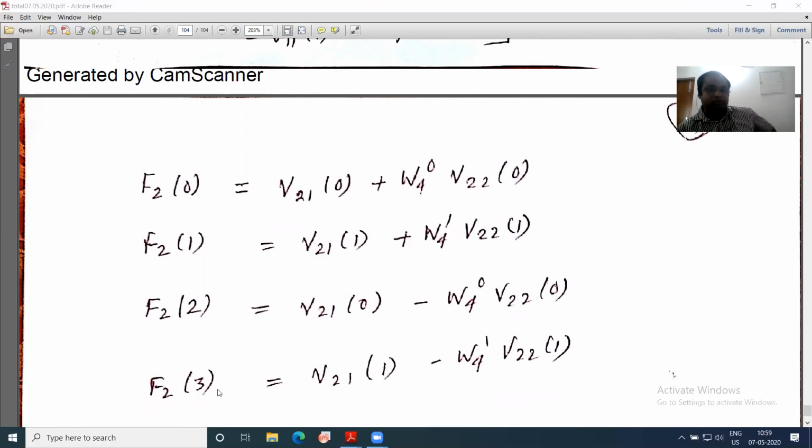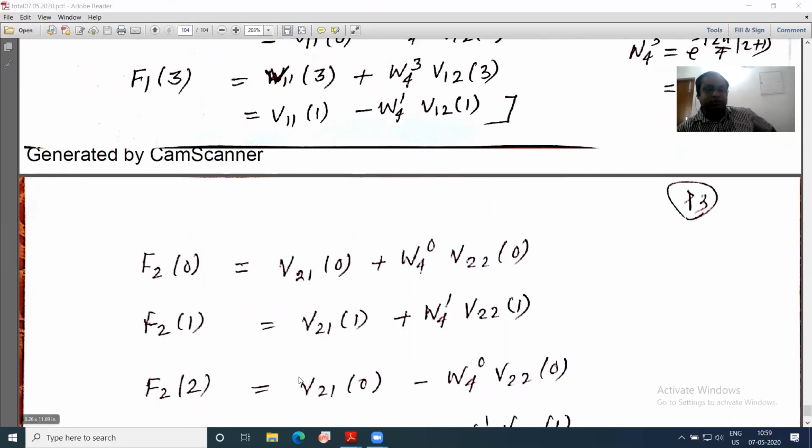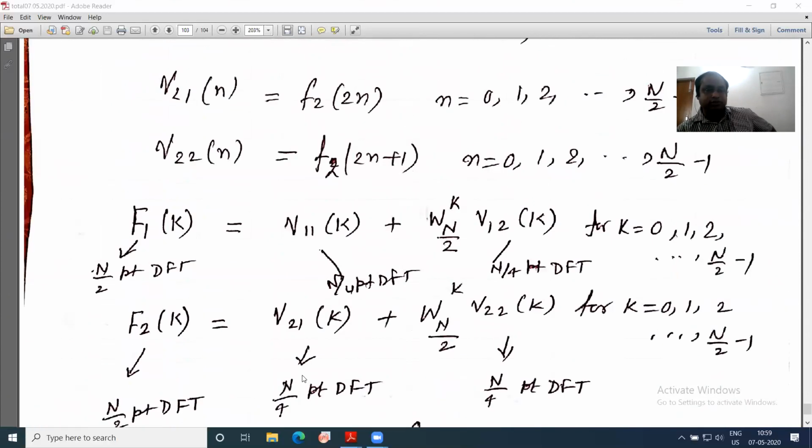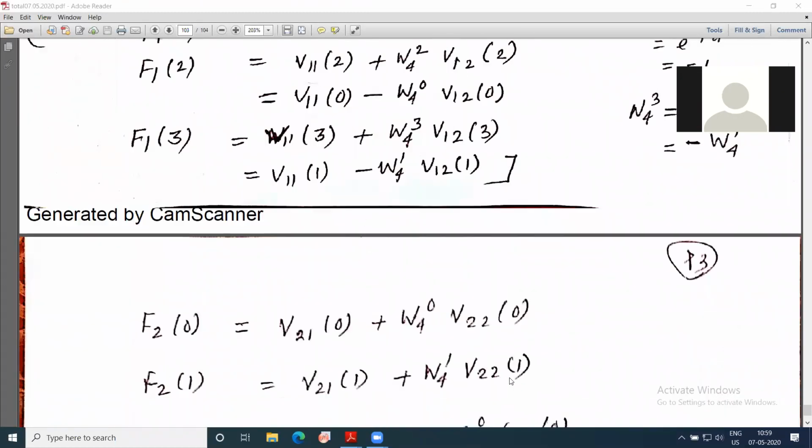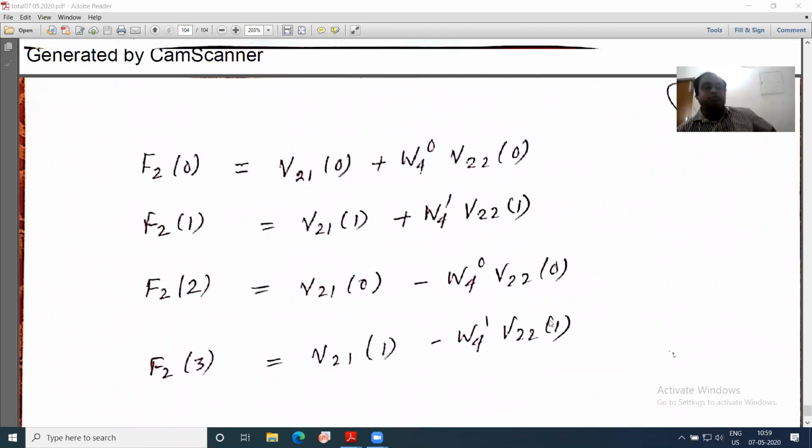Now f2 of 3 is v21 of 3 plus W4^3 v22 of 3. v22 of 3 is equal to v22 of 1 because this is periodic with period 2, and v21 of 3 equals v21 of 1 because this is also periodic with period 2.